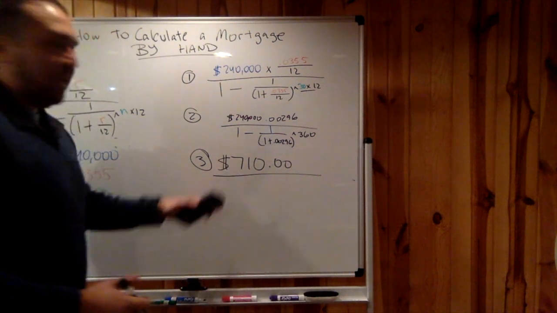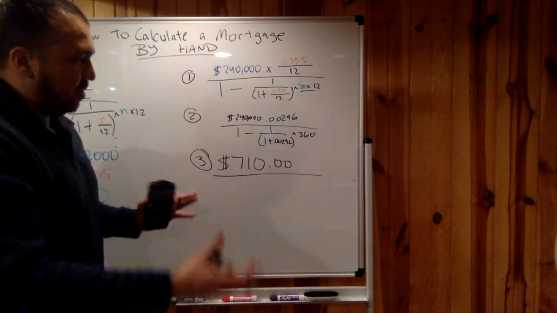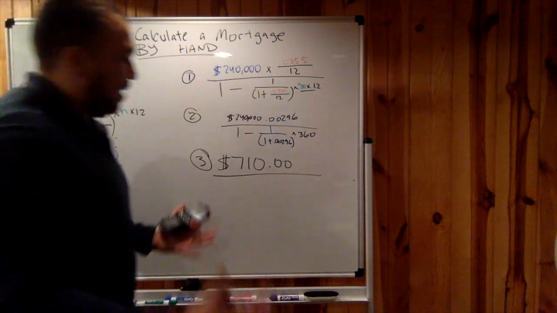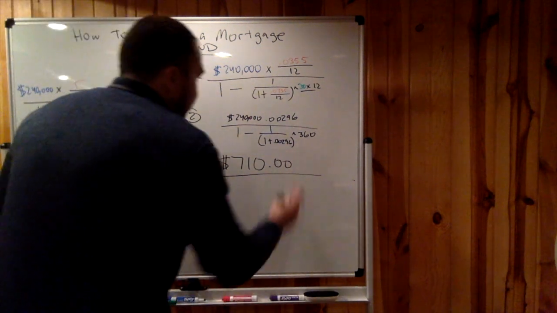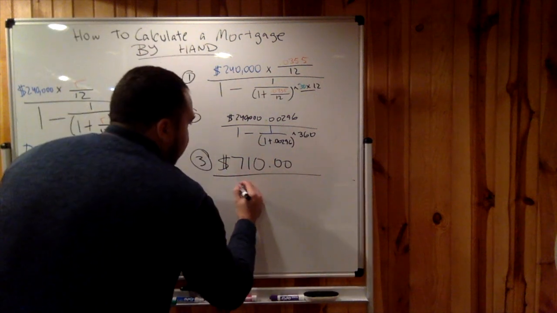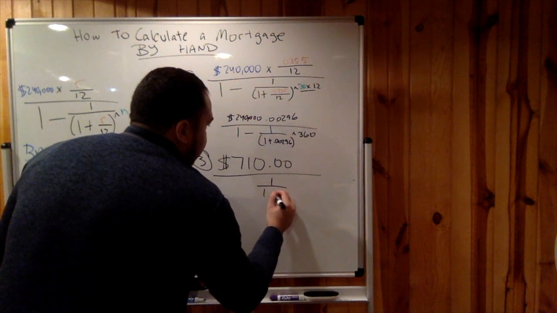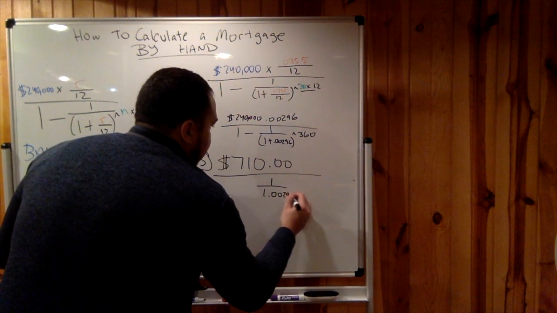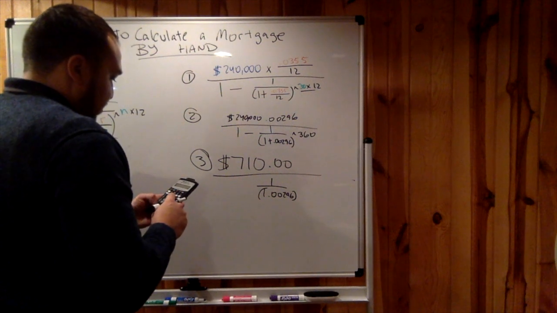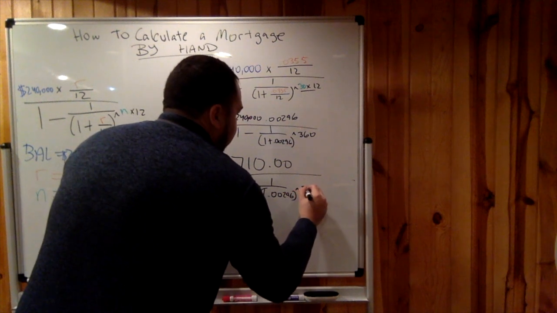So let's work through this because the bottom part is going to give us what proportion of the total payment the interest actually is. And this actually sizes up the payment of the loan based off these factors here and gives you what the total payment is. So it's 1 divided by 1.00296 to the power of 360.